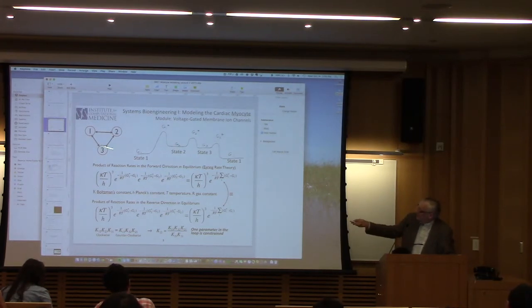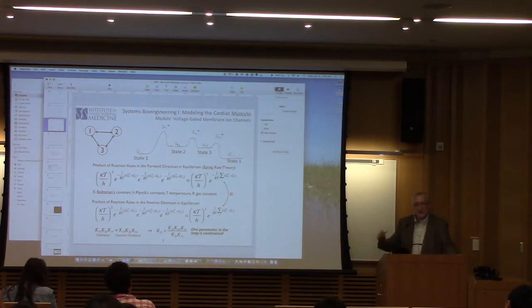And this is a plot of the Gibbs free energy associated with being in state 1, state 2, and state 3. And it illustrates the amplitude of the energy barriers that must be surpassed in transitioning from state 1 to state 2, for example.